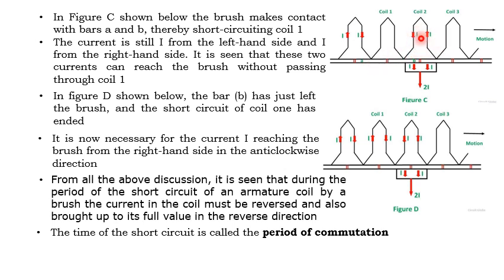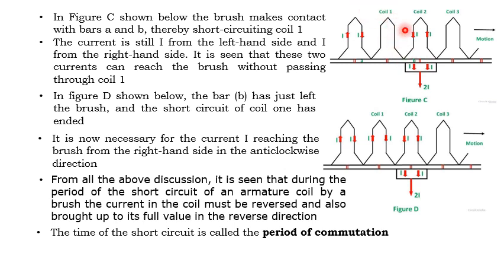So both the currents are flowing, left hand side as well as right hand side. Now these two currents can reach the brush without passing through coil 1, and these two currents reach the brush without passing the coil 1.